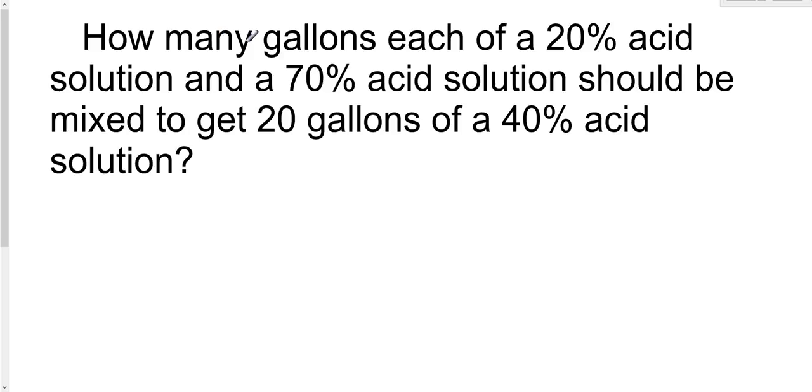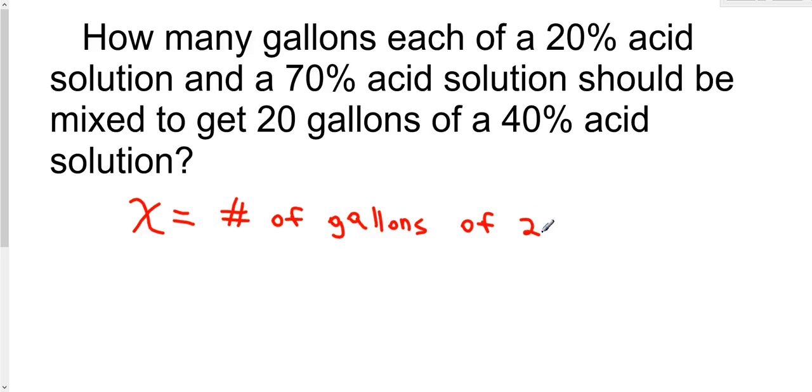Notice the question is how many gallons each of the 20% acid and the 70% acid solution. So those are my two unknowns. You have to identify the unknowns, so I'm going to label those. I'm going to let X equal the number of gallons of the 20% solution.